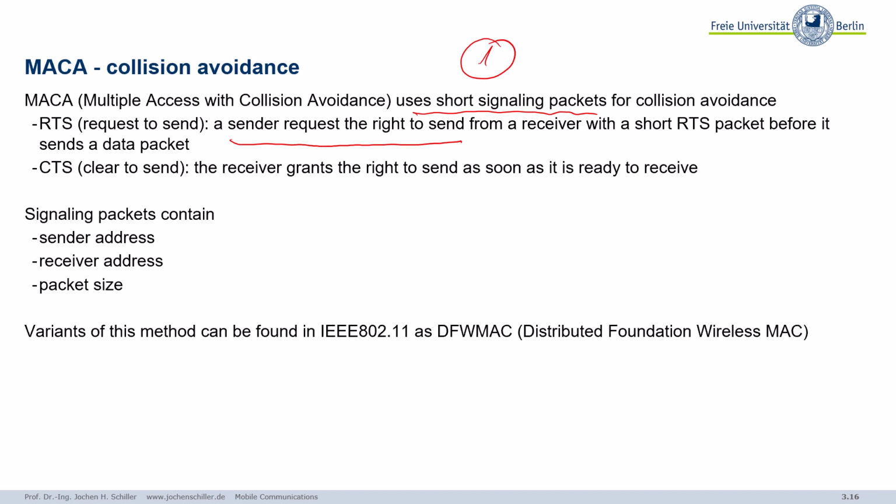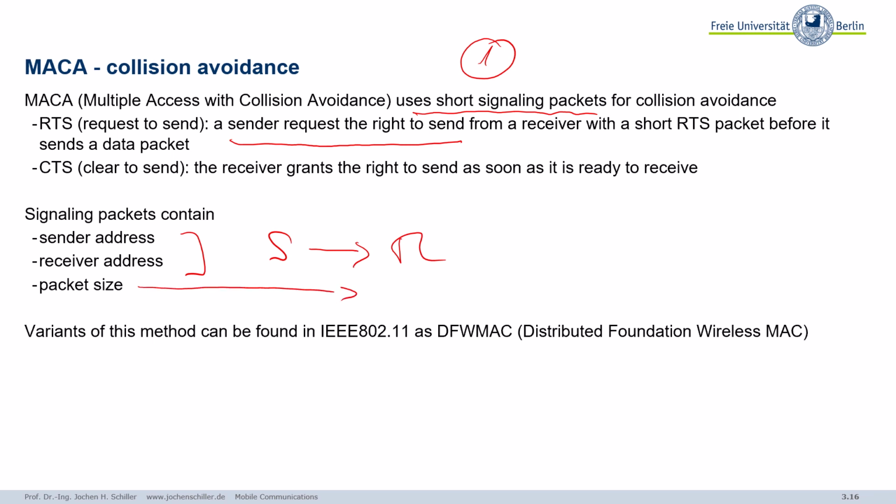And those very short packets contain a sender address, a receiver address, and a packet size. So we know actually who sends the packet, who is the receiver, so from sender to receiver. And the packet size is important.